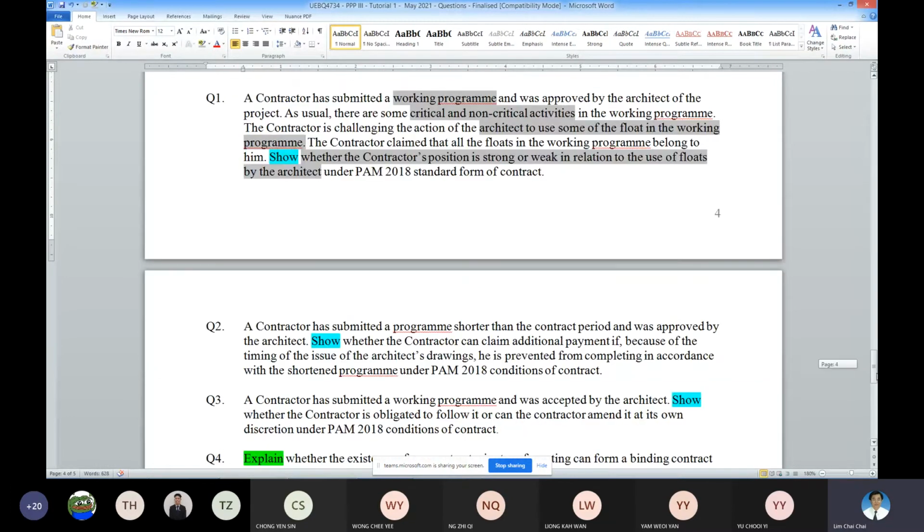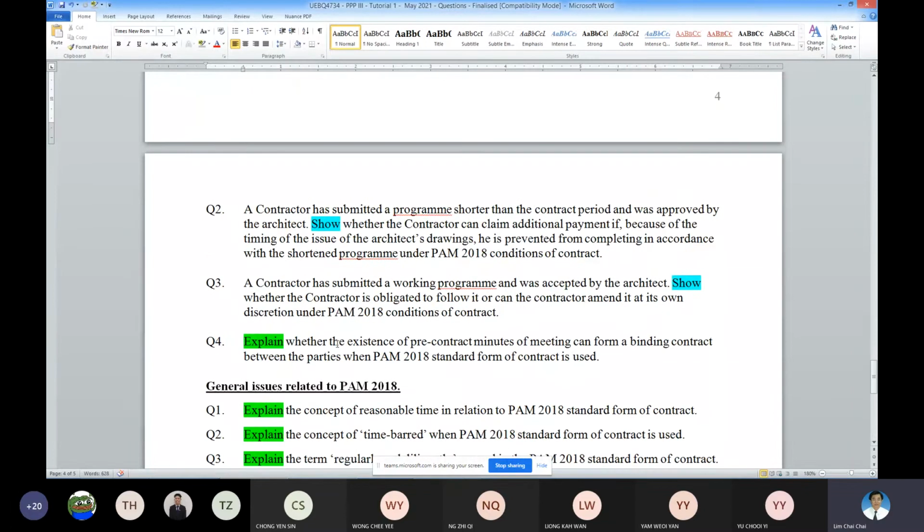And question number 2 is related to a shortened program than the contract period. So this one is related to an optimistic program question. Okay. So now, what are the issues for you to look into? Whether the contractor can claim additional payment if the architect cannot issue the drawings in accordance with the shortened program.